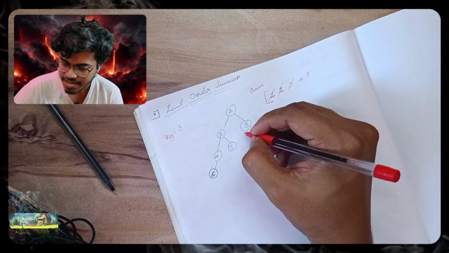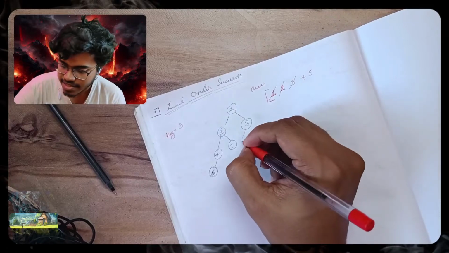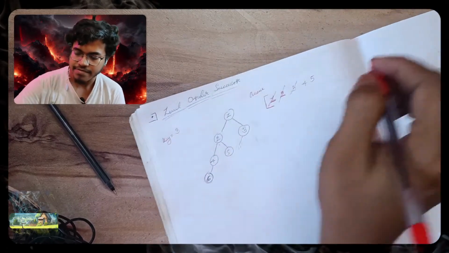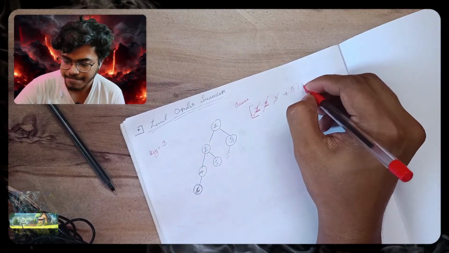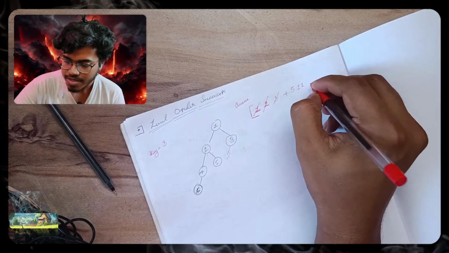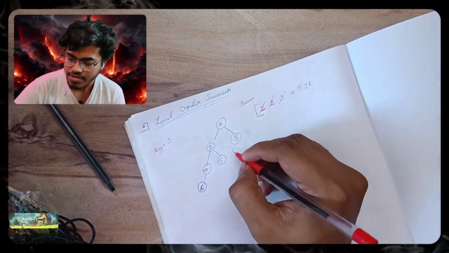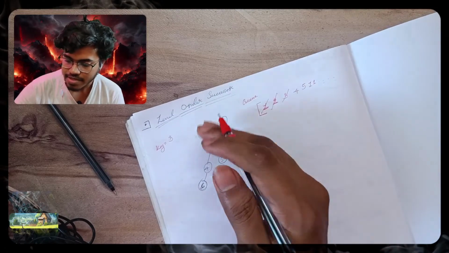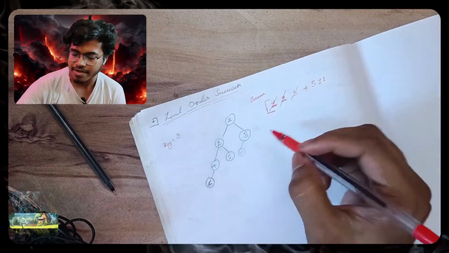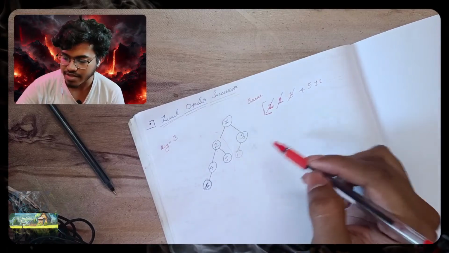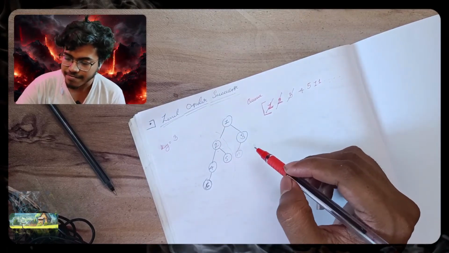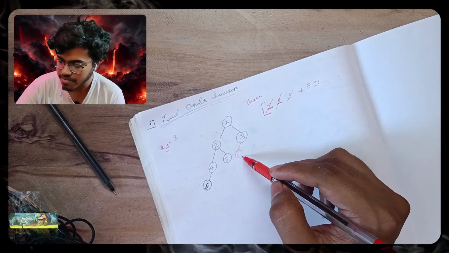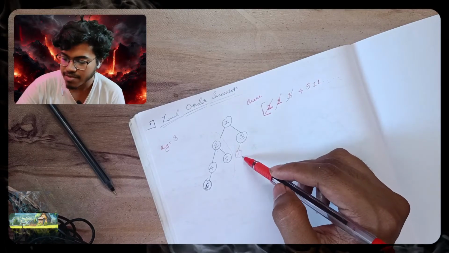If it had any children, suppose if it had 11 here, then it would also enter 11 over here. Suppose you don't have this subtree over here, then the successor of 3 would be 11. The level order successor of 3 would be 11 only.